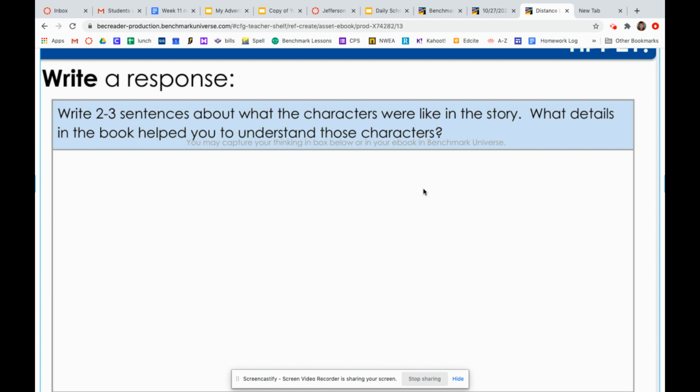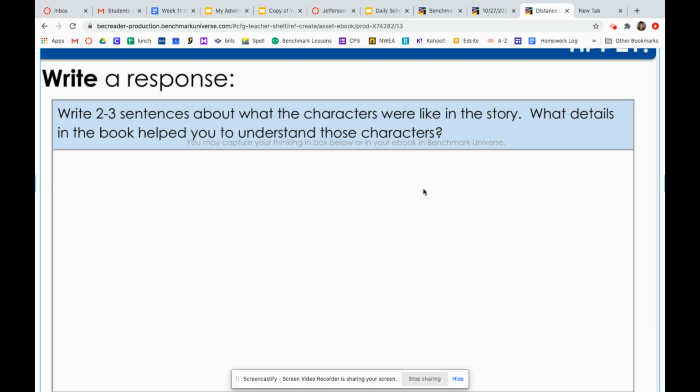Okay, so then your written response, you need to pick out, okay, so they want you to do it about all the characters, about what the characters were like in the story. So again, you're going to want to identify those characters and then start thinking about.